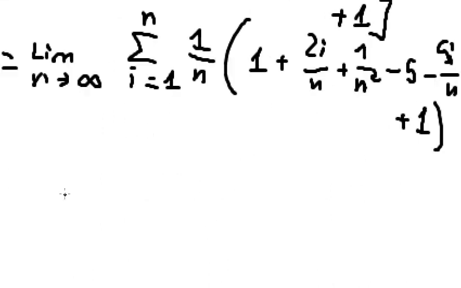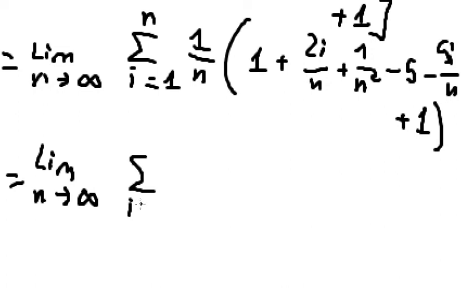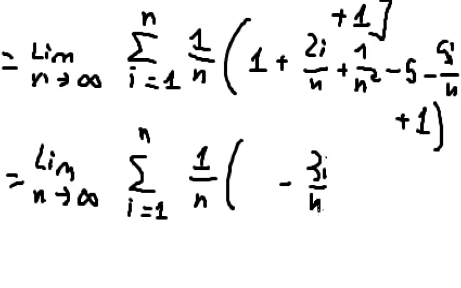Now we need to simplify. So 2i minus 5i, you get negative 3i, and 1 plus 1 is 2, 2 minus 5 is negative number 3, and we have i squared over n squared in here.